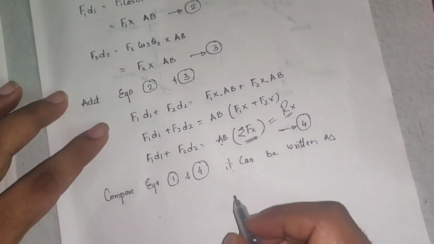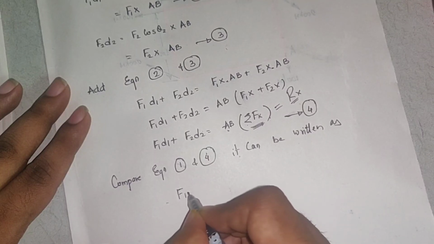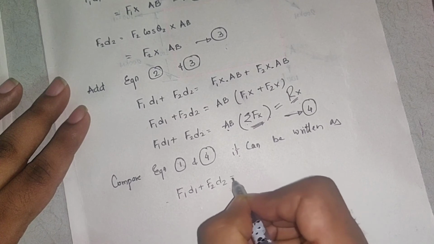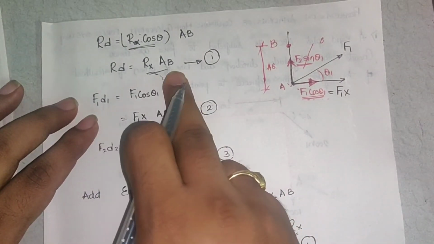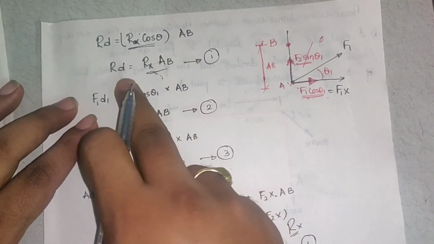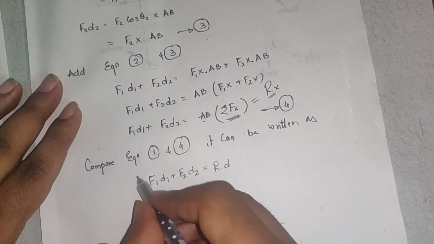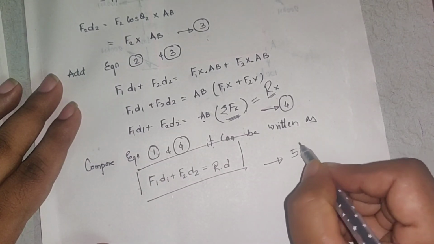So I can write F1 D1 plus F2 D2 is equal to what? AB into Fx is nothing but Rx into AB. So in place of this I can write R into D. So this is the proof for Varignon's theorem. This is equation 5.